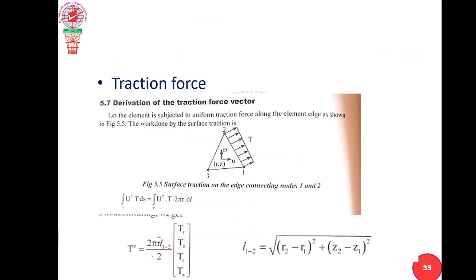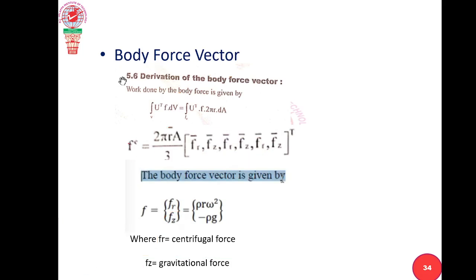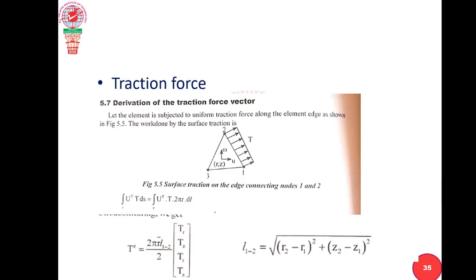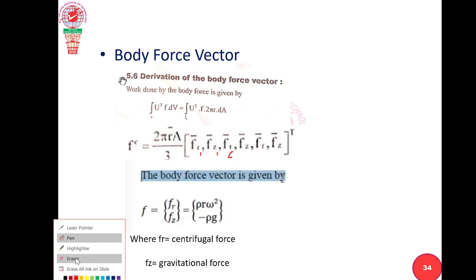Next formula, body force vector. F equal to 2 pi r bar A by 3 into F r1 bar, F z1 bar, F r2 bar, and so on.